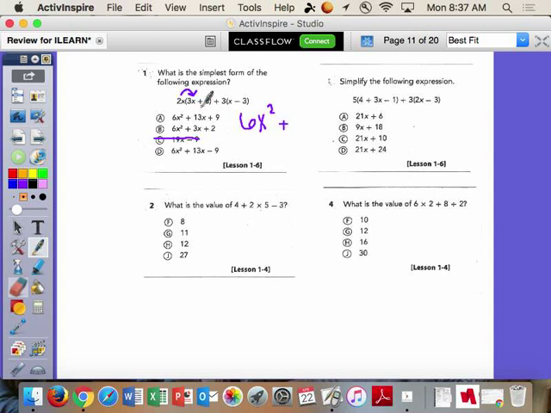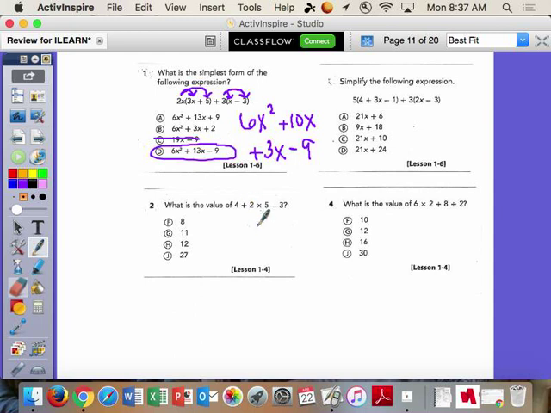Plus, because there's a plus sign right here, 2x times 5, which is 10x. Plus, because there's a plus sign right here, 3 times x, which is what? 3x. Minus, because there's a minus sign right here, 3 times 3, which is 9. If I combine my x's, I end up with this one.